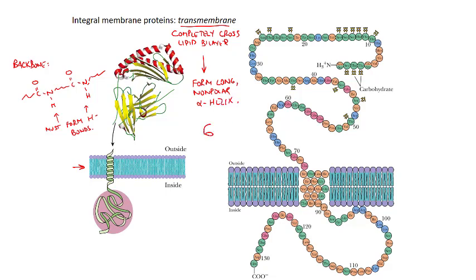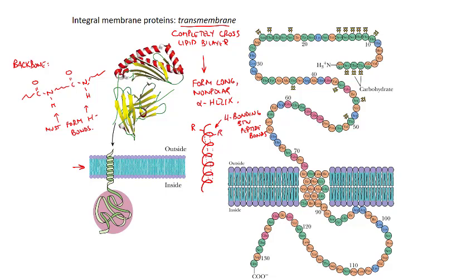So remember, in an alpha helix, the backbone of your protein coils up like this. The peptide bonds form hydrogen bonds that run down the length of the helix. So that satisfies the need for the peptide hydrogen bonds. So we have hydrogen bonding between our peptide bonds. You get that in all alpha helices, not just transmembrane alpha helices.